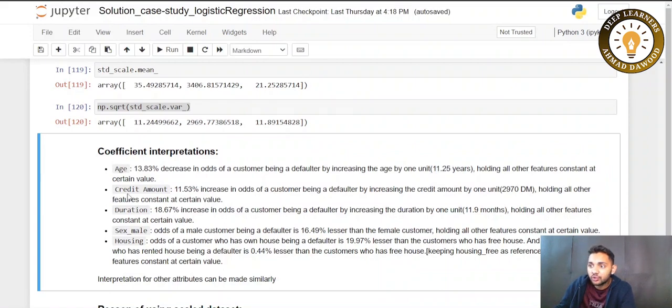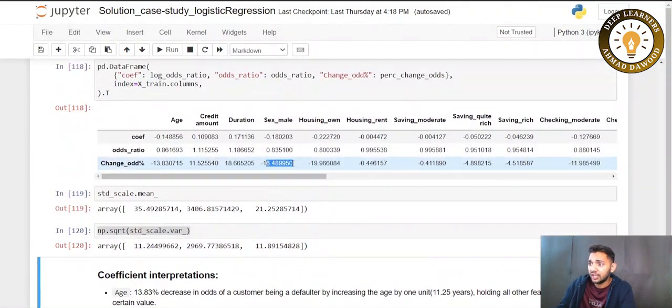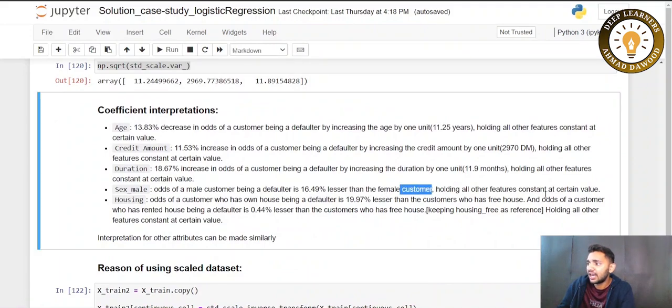Okay, in the same way, you can interpret credit amount, duration, sex male: odds of male customer being a defaulter is 16.49% lesser than the female customer, holding all other features constant at some certain value.